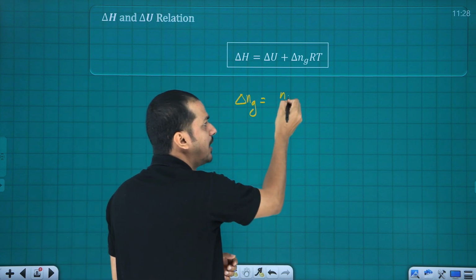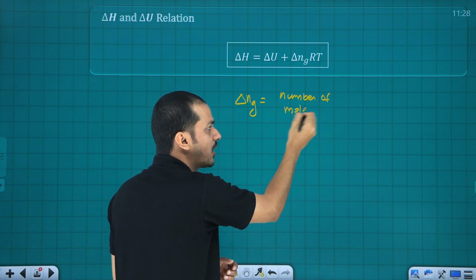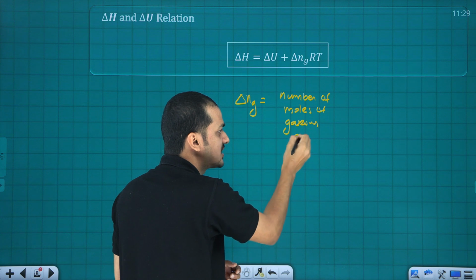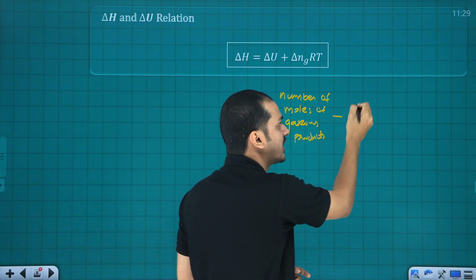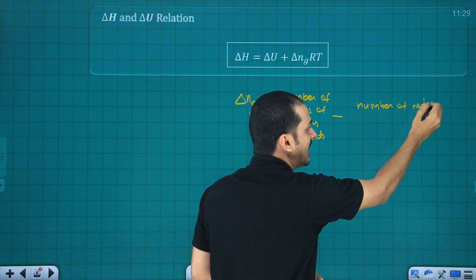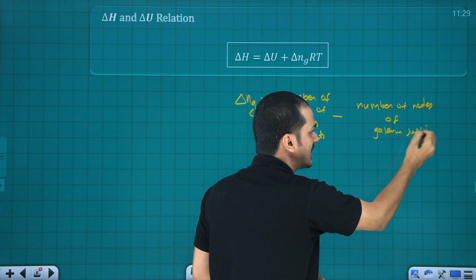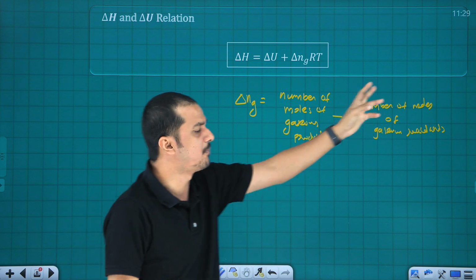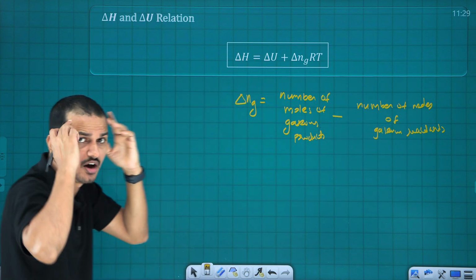Delta NG is the number of moles of gaseous products minus the number of moles of gaseous reactants. That gaseous part is very important. That is what delta NG is, and we have to remember it.